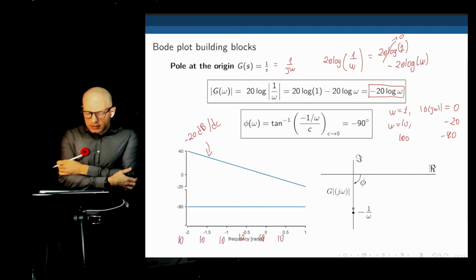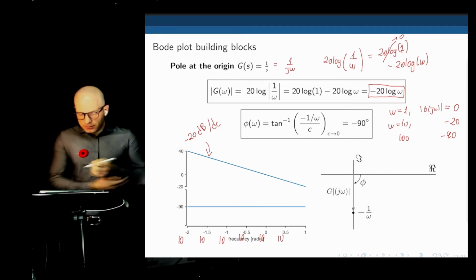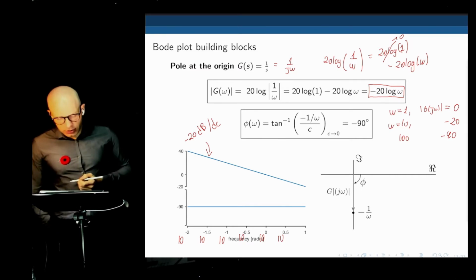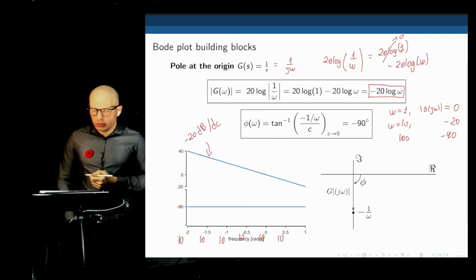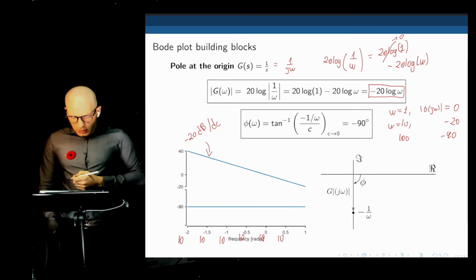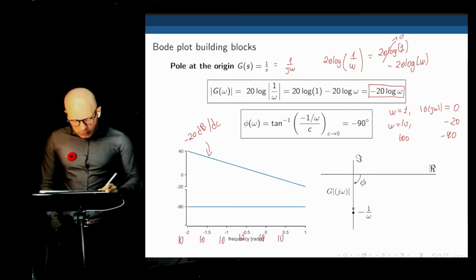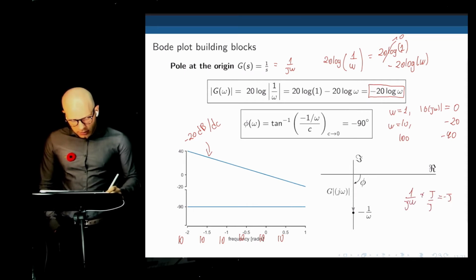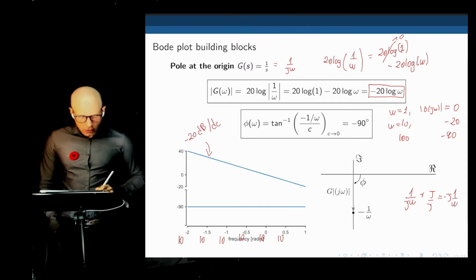Now let's look at the phase. The phase is the inverse tangent of the imaginary part divided by the real part, and that will be negative 90 degrees. If we take the expression 1 over j omega and multiply it by j over j, this gives negative j over omega, or negative j times 1 over omega.